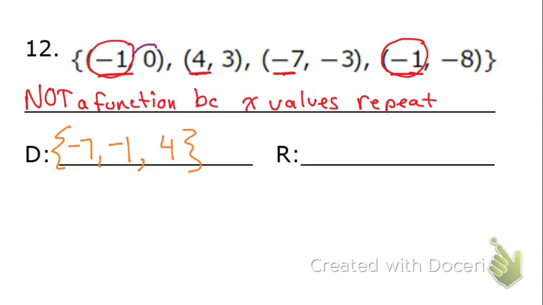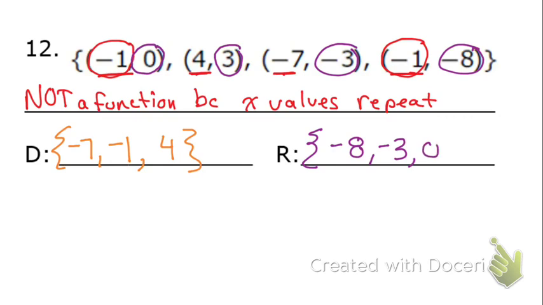Let me circle those for you. 0, 3, -3, and -8. We'll start in order from least to greatest. So it'll be -8, -3, 0, and 3. That will be the range in order from least to greatest.